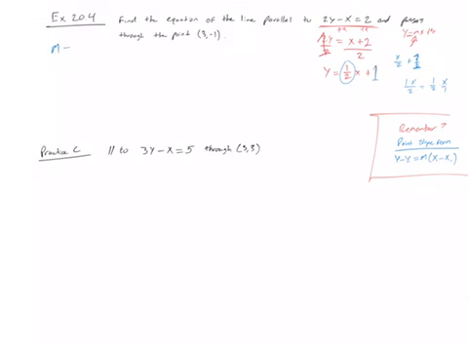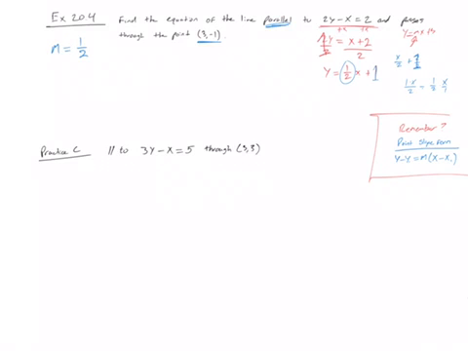So now I have a slope. Since I want mine to be parallel, I have to pick the same slope. So my slope should be 1/2. And I happen to have a point. So if I remember my point slope form, if you don't, it's right here.